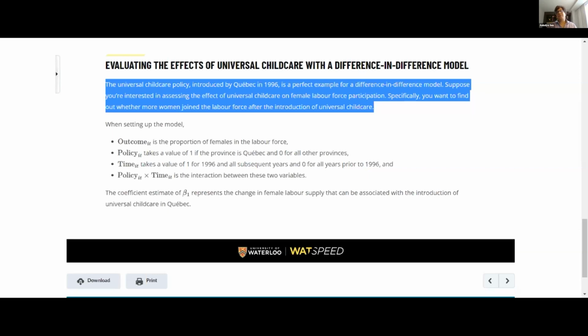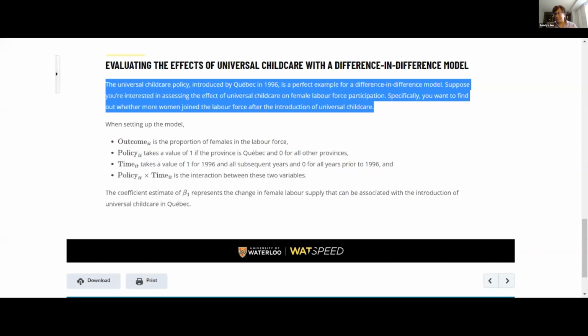It allowed the researchers to understand what the effects are on children after the introduction of this policy, what the effects are on female labor force participation, and so on and so forth. This is what we call clean identification, okay?